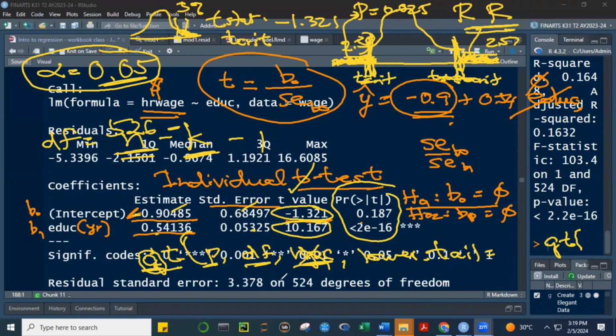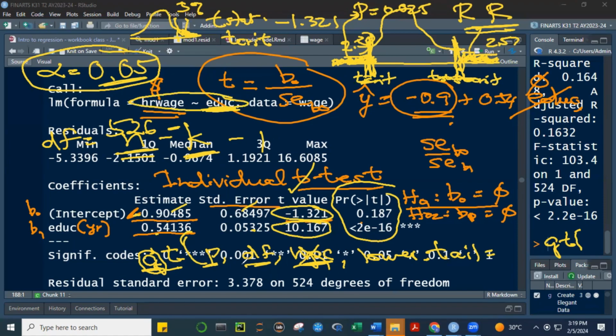Kasi marami tayong variables, pero in this case, isa lang ang ginagamit natin na predictor. Andiyan sa equation natin. How many predictors do we have, class? One lang, class. Si intercept, hindi predictor yan. Sinasama lang sa equation yan, pero it's not a predictor.